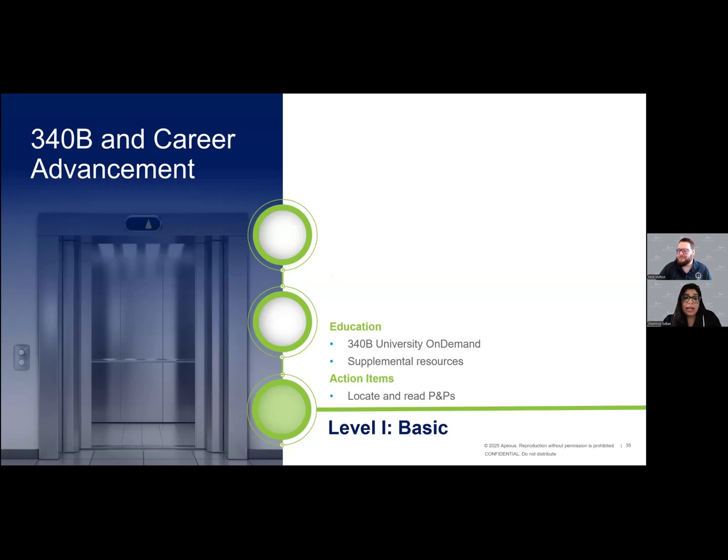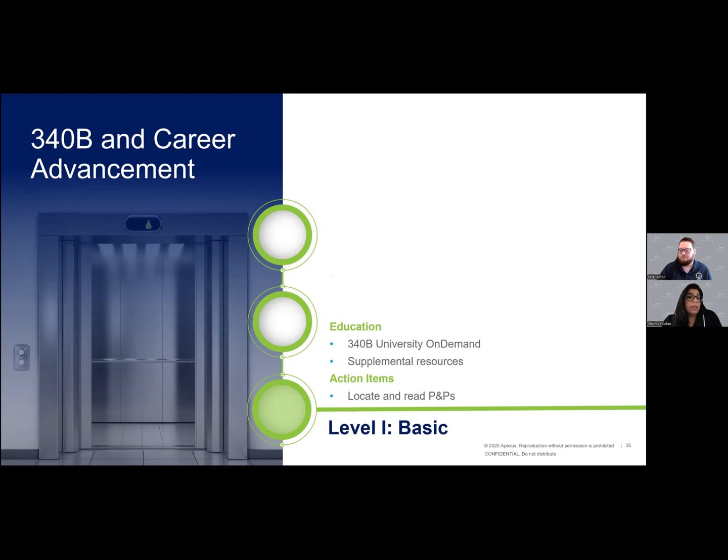Now let's start at the introductory level. Say you're someone who doesn't have very much involvement with the 340B program at all, but maybe you're interested in it and you want to learn more about it. Apexus offers a ton of foundational level education that you can complete that will teach you the basics about the 340B program.